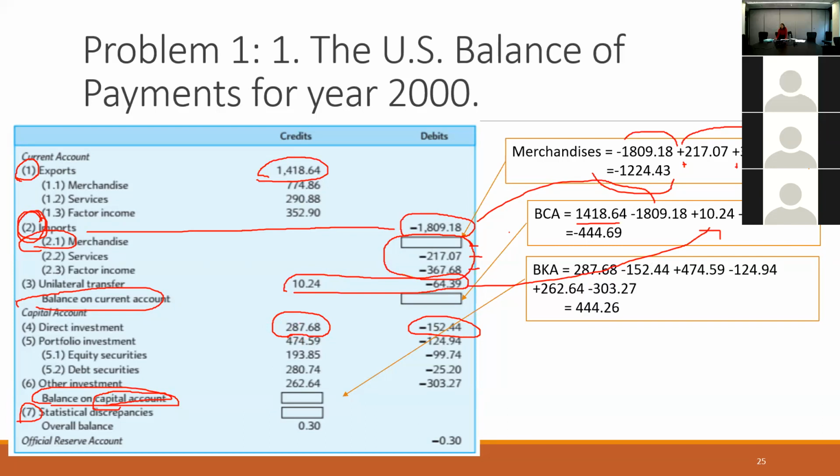So it's similar to before. What I'm doing here is I'm just adding up the balance of the three sections under the capital account. So for direct investment, I would add up these two numbers. It will go here.